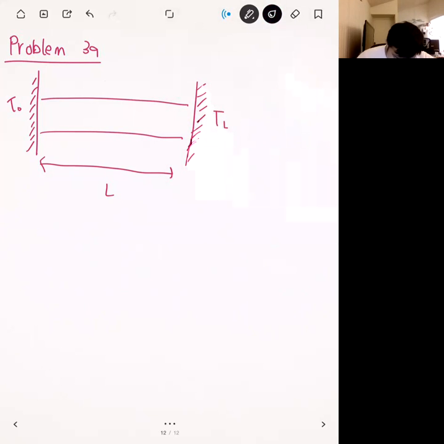The length here is equal to 2.35 meters.